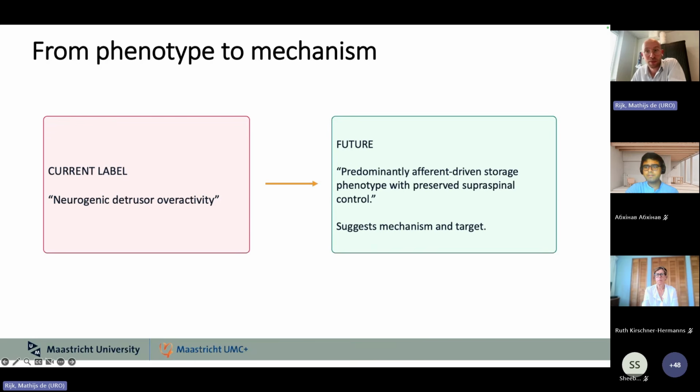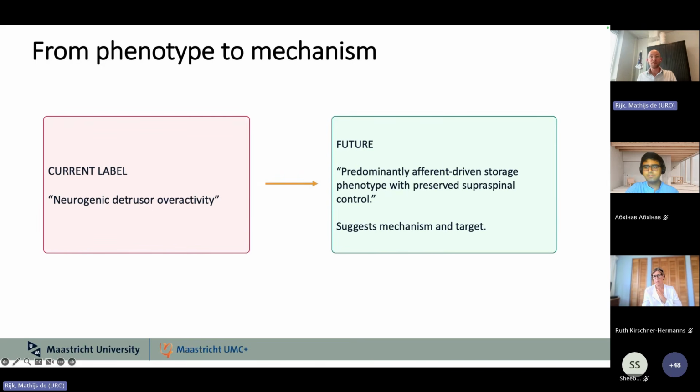So at the moment we often describe what the bladder is doing, like neurogenic detrusor overactivity, but that does not really tell us why that is happening. So the same urodynamic phenotype may result from different underlying mechanisms. So, for example, altered efferent signaling, spinal hyperexcitability, or impaired supraspinal control, so really something happening in the brain.